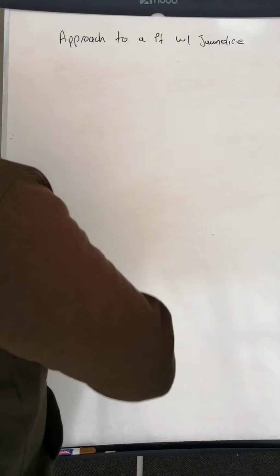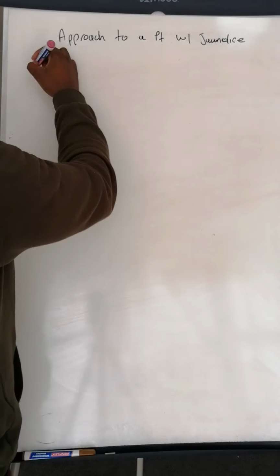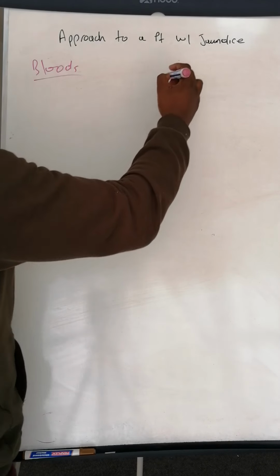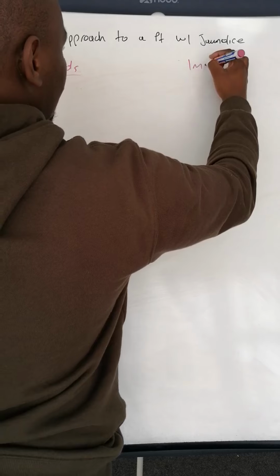We can't say the patient has got obstructive jaundice, so let's not only focus on tests that confirm obstructive jaundice. We are still going to do tests that will check if the patient might be having any form of hemolysis. So we're going to do bloods here, and then this side is going to be imaging.